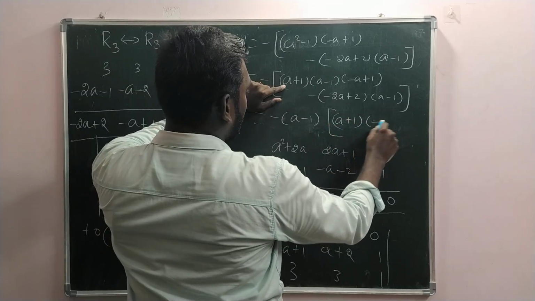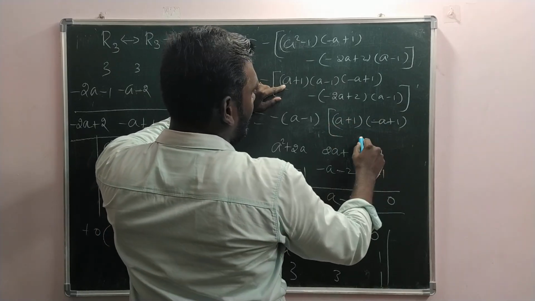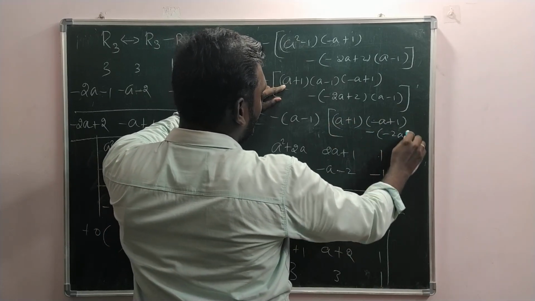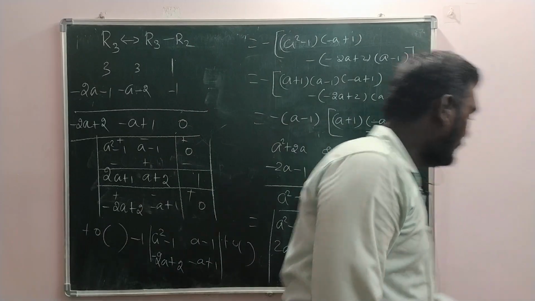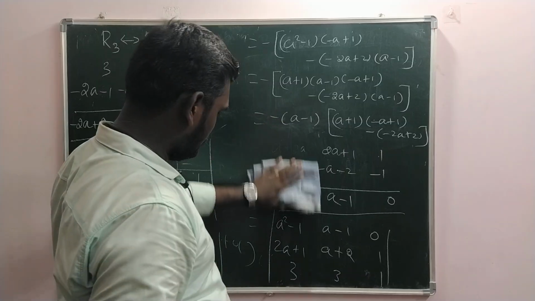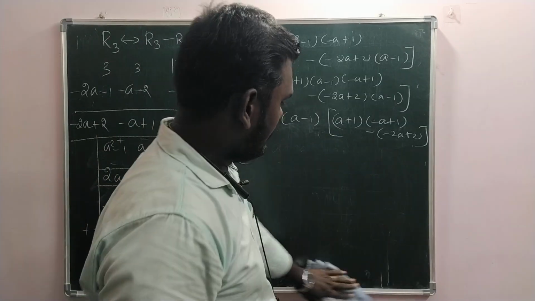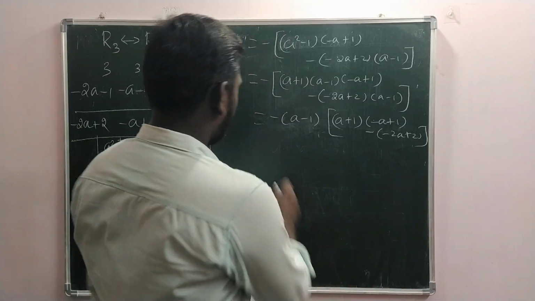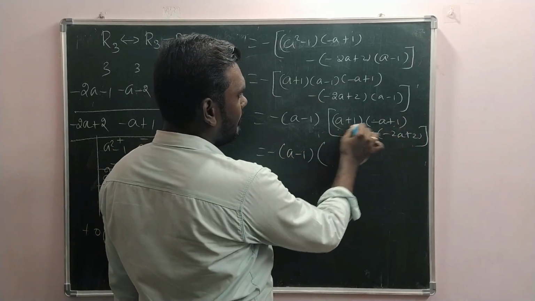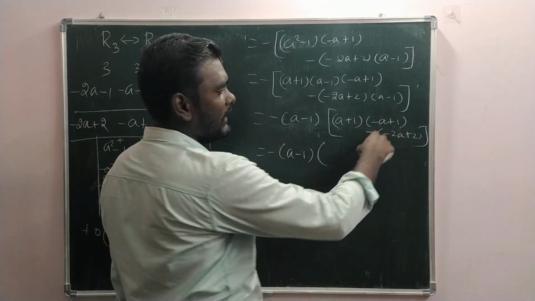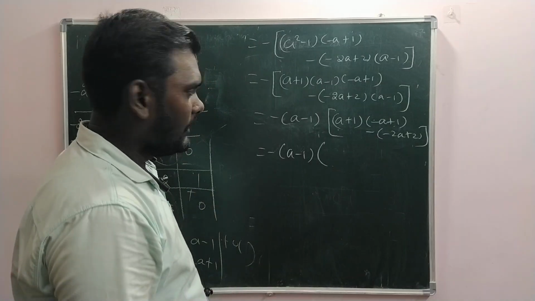A plus 1 into minus a plus 1, and then minus of minus 2a plus 2. Okay. And simplify this. So we get minus of a minus 1, and this is a plus 1 plus a into 1 minus a.